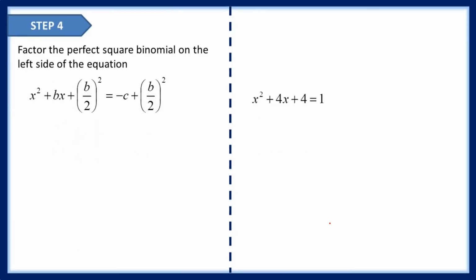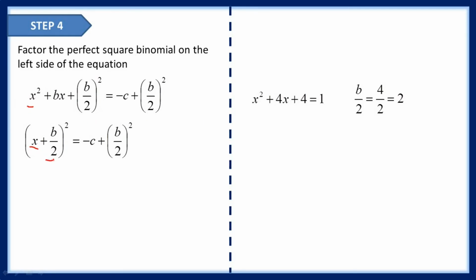For our fourth step, we factor the perfect square binomial sa left side ng ating equation. This part is already a perfect square binomial kasi kinuha na natin si b over 2 squared. Paano siya gawin? What we do is we add our x to our b over 2. In this case, our b is 4 and then dinivide natin siya kay 2.